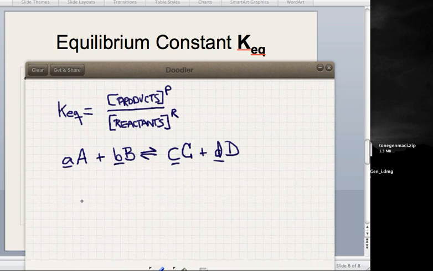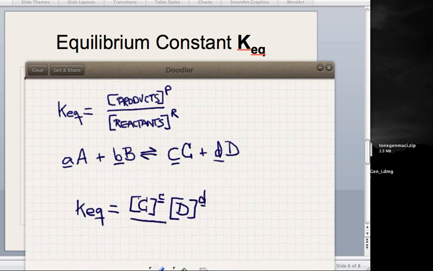So now if we wanted to calculate our KEQ for this equation, it would look something like this. We would do the product of the products. So the concentration of compound C raised to the c power, this is my coefficient power, multiplied by the concentration of D raised to the d power.